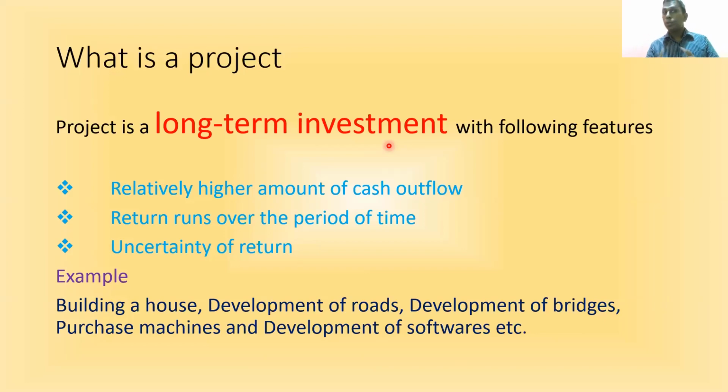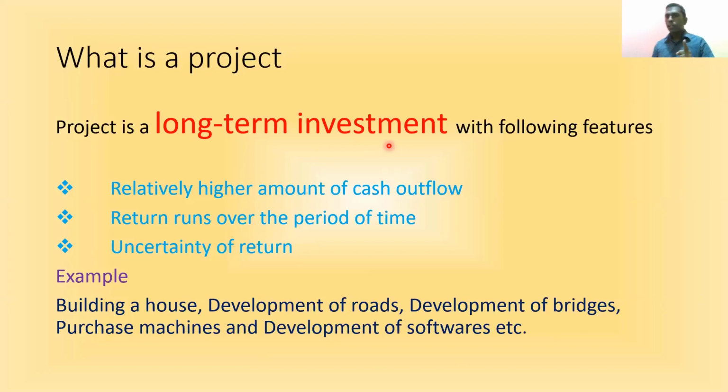If you are going to identify a long-term investment opportunity as a project, that particular opportunity should satisfy three different features. What are the features? The first one is a higher amount of cash outflow at the beginning of the investment, right? Second, the returns from this particular investment opportunity are generated over the period of its useful life, which is more than 1 year.